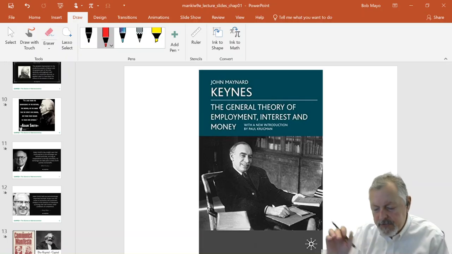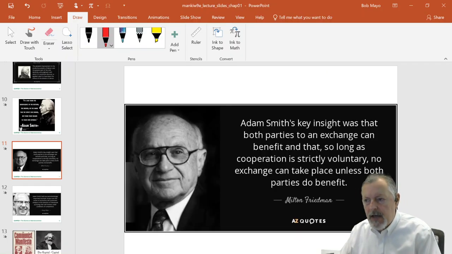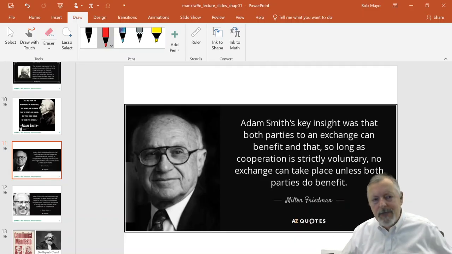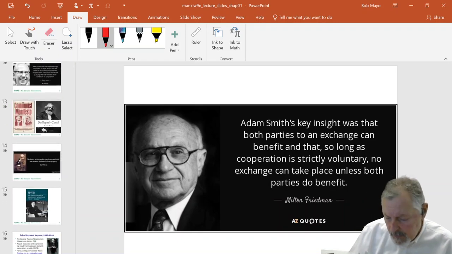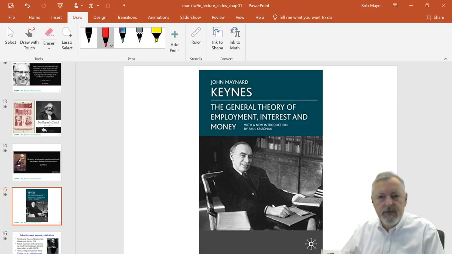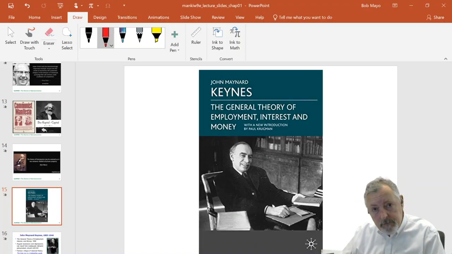Starting in the 70s, that fell out of favor, and monetary policy became considered more important. The reason why is that during the 1970s, a lot of economic things were happening that Keynes said were impossible.